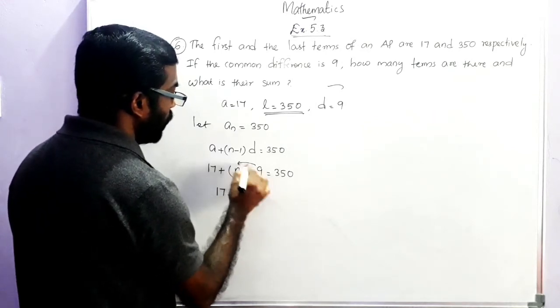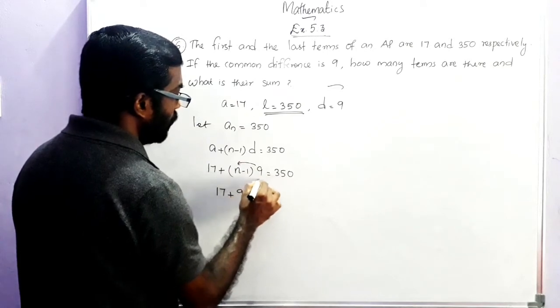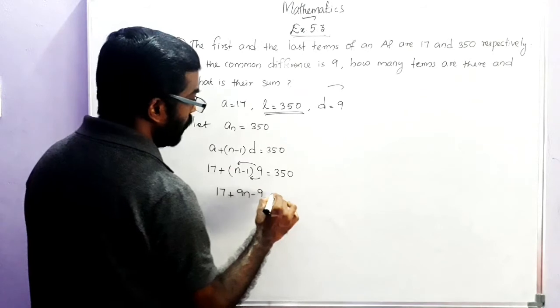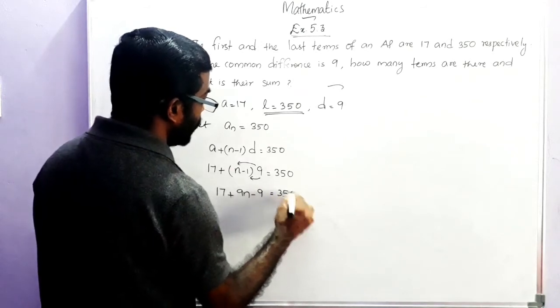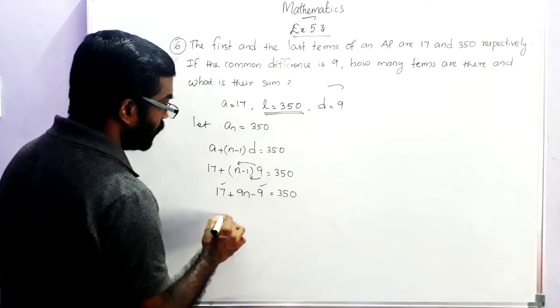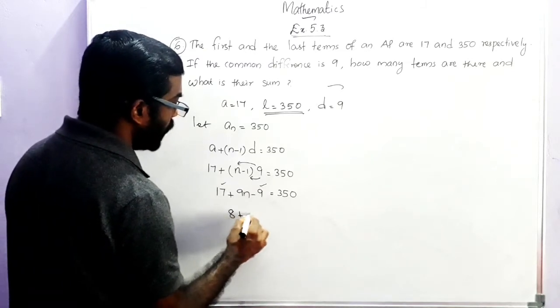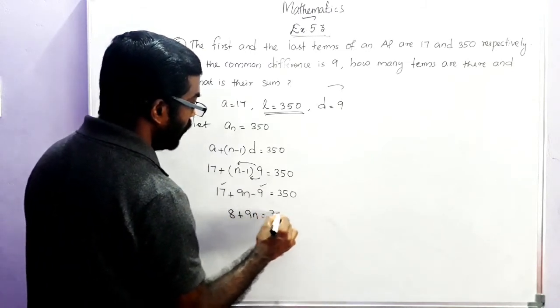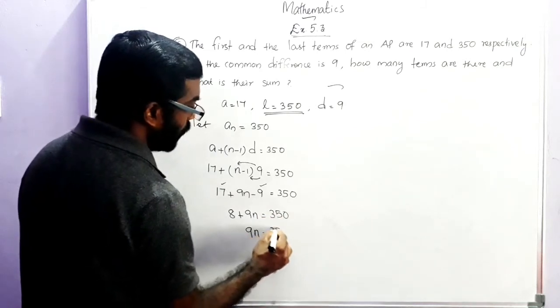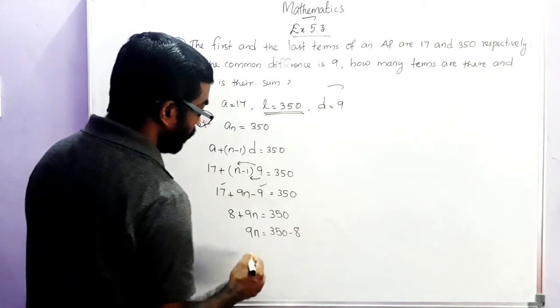Now we multiply the 9: 9n, 9 into 1, so minus 9, which is equal to 350. 17 minus 9 is 8. So 8 plus 9n is equal to 350, or 9n is equal to 350 minus 8.